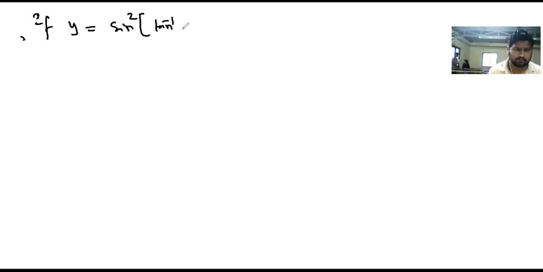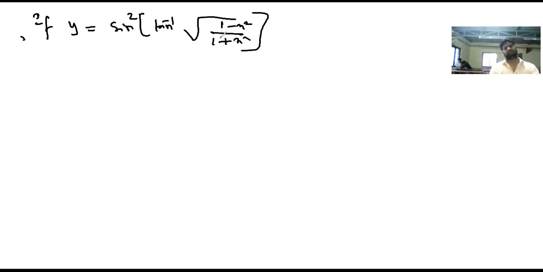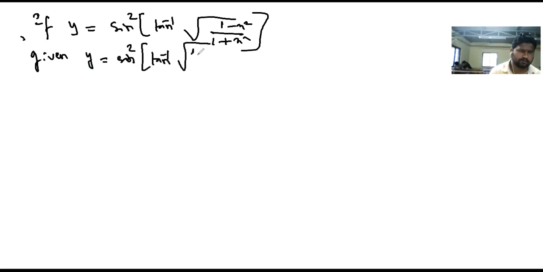Here the given function is y is equal to sine square tan inverse of square root of 1 minus x square by 1 plus x square.